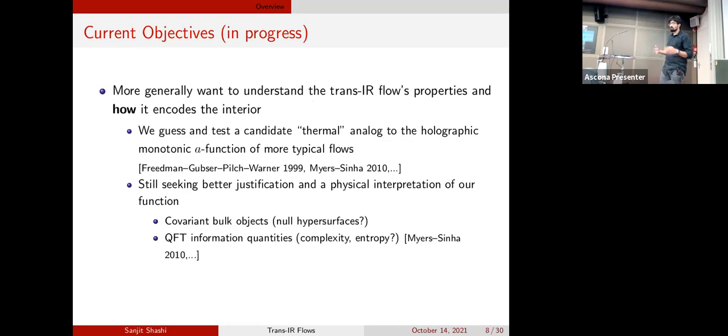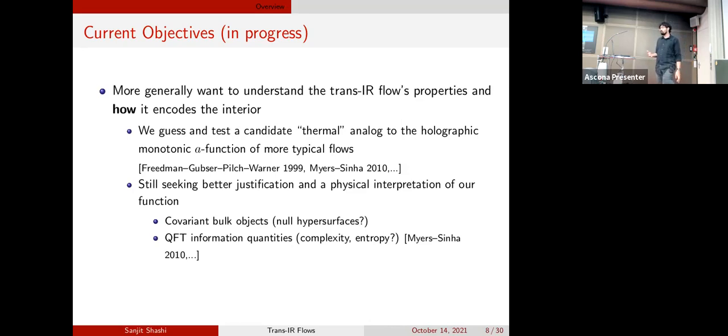But the objectives of our work that's ongoing is to understand these trans-IR flows a little more generally, and in particular, to understand how exactly the interior is encoded through the RG flow. So a probe of RG flow that you could think about for holographic RG flow anyway, is a holographic A function, similar to such functions that have been considered in the past.